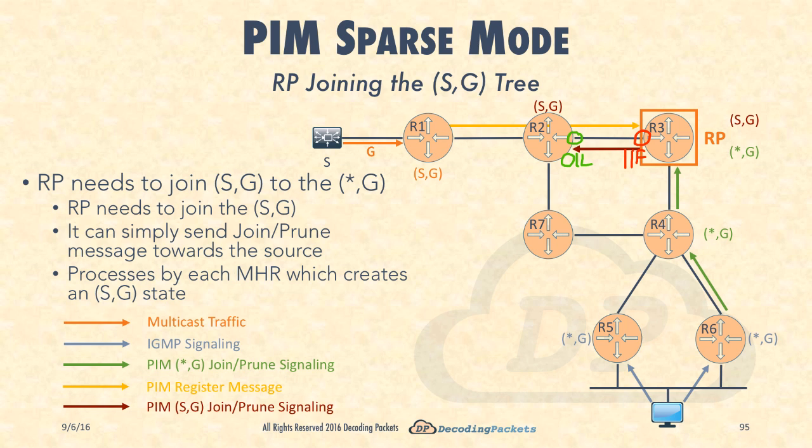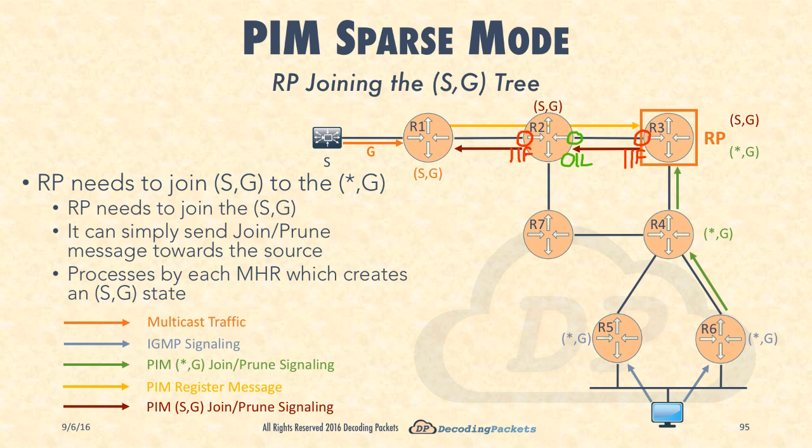It's going to find an interface that takes it towards the source, which should be this interface towards the LHR if everything is working right in our network. And this is now considered to be the IIF. So now you have a complete S, G state because those are the three things you need. You need the state, you need the IIF, you need the OIL, and you have all three of those on R2. So R2 can now send this message further upstream to R1.